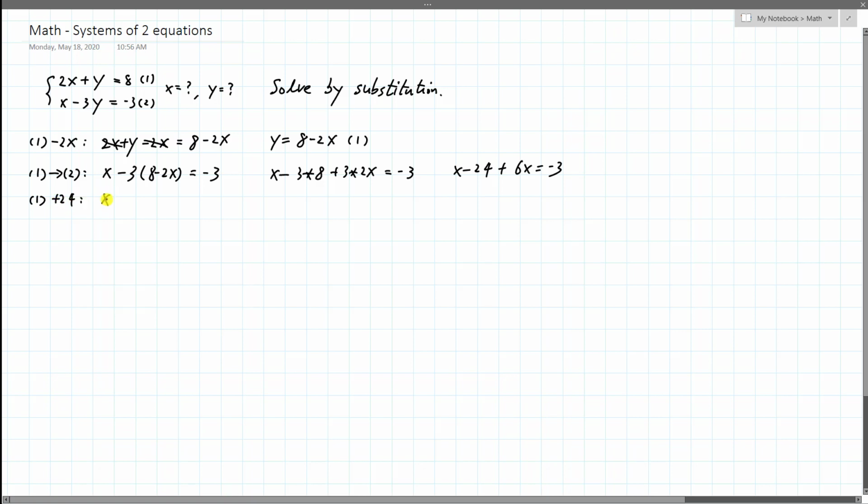So now I have x minus 24 plus 6x plus 24. I know this might seem a little slow, but it helps everyone to stay on track. So the 24 is subtracted away, 6x's, I have 7x's, and the 24 minus 3 is 21. So x is equal to 21 over 7, and it is 3.